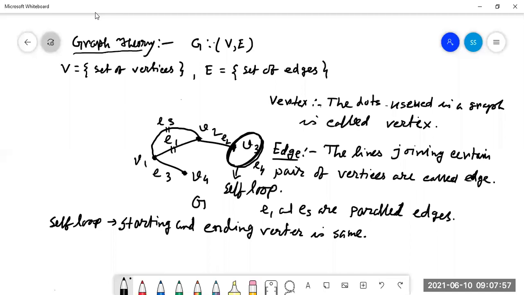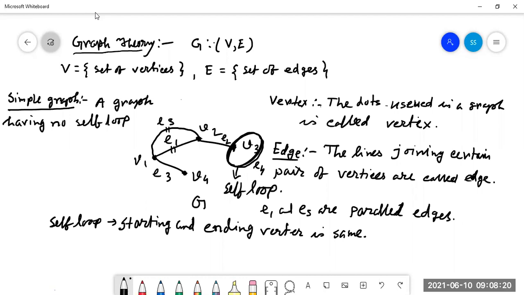Yes, sir. Now we are going for the simple graph. A graph having no self loop and no parallel edges is called a simple graph.